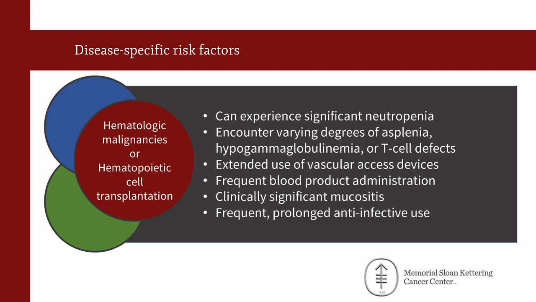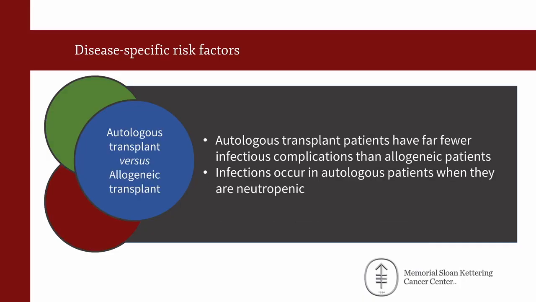In contrast, patients with hematologic malignancies or recipients of hematopoietic cell transplantation can have significant neutropenia, varying degrees of asplenia, hypogammaglobulinemia, or T-cell defects. They have extended use of vascular access devices, frequent blood product administration, clinically significant mucositis, and more frequent prolonged anti-infective use.